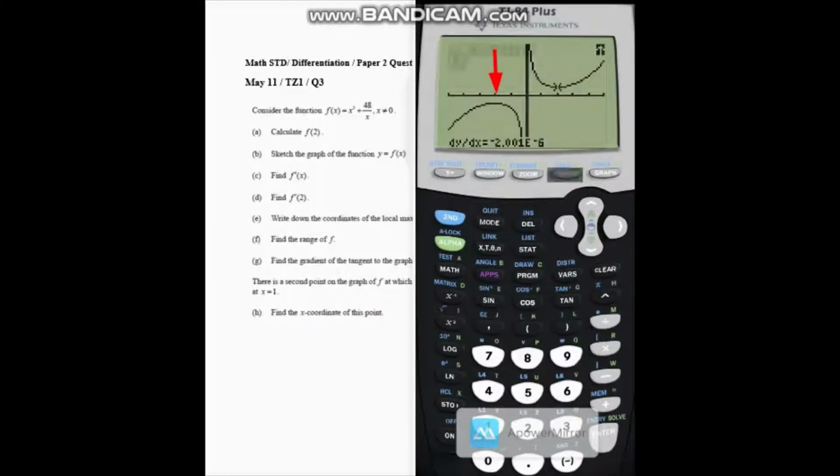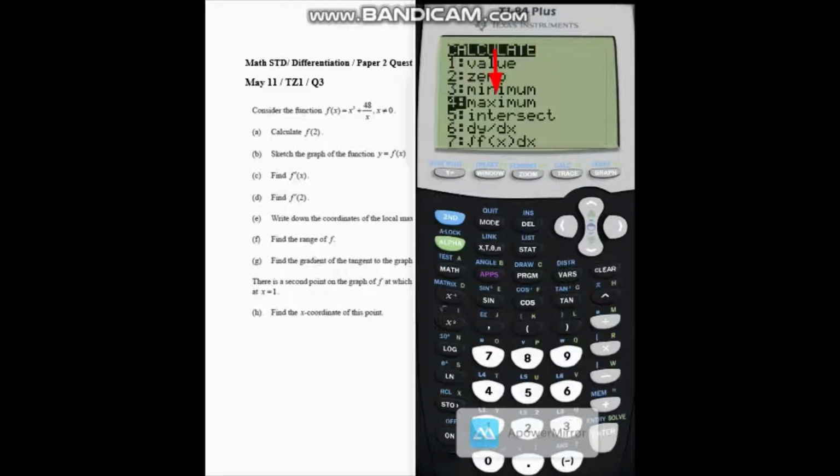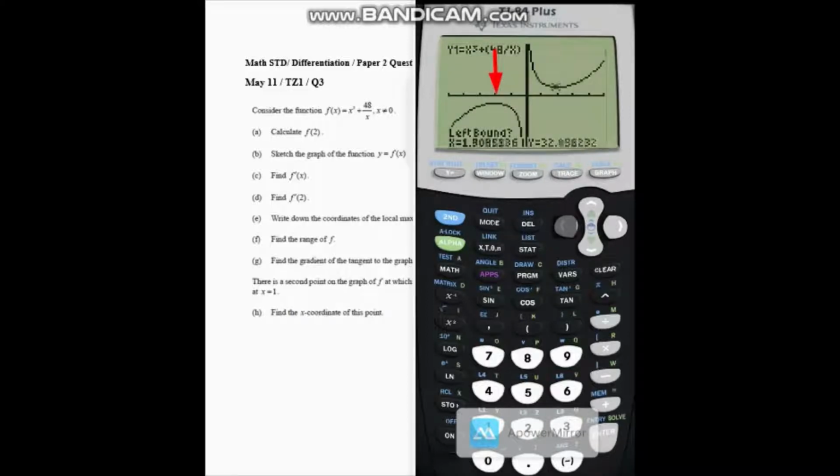So second, trace maximum, left bound, right bound, and guess.